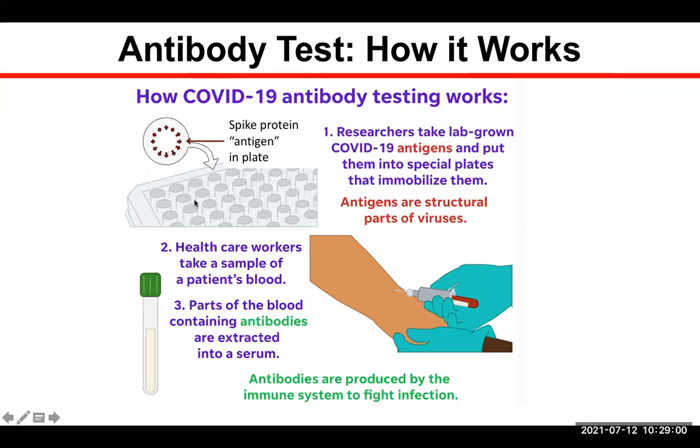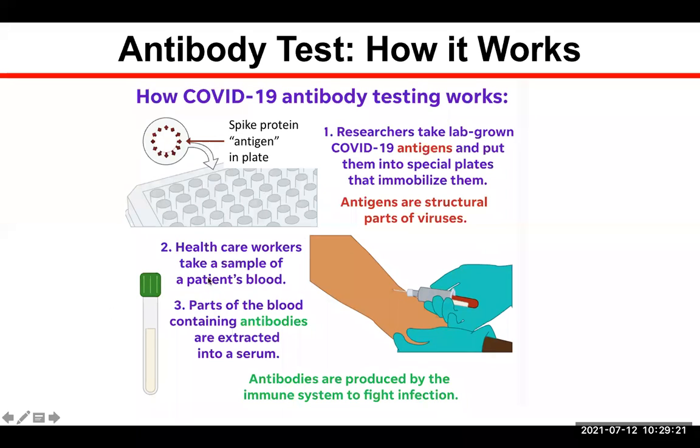Each plate has individual wells, so you can run multiple samples. The antigen is going to stick to the plate. And what we remember is antibodies recognize the antigen. So we're testing to see if any antibodies within the serum or plasma recognize the COVID antigen.